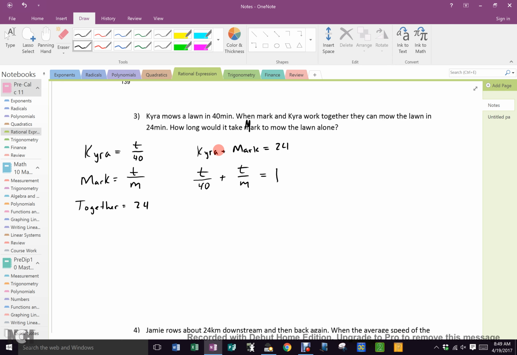What's being counted up here with Kyra Mark making 24? Is that the amount of lawns they can mow? No, so what is that? This is time. This is lawns, yes? Right? Okay.